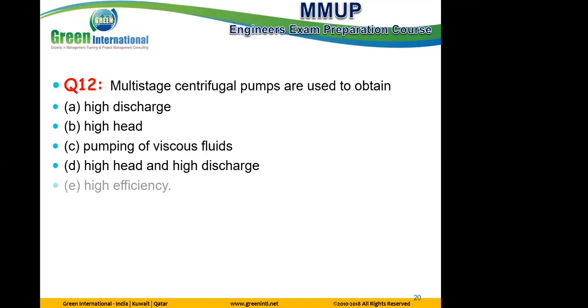Yes, because a centrifugal pump normally gives high discharge, and with multistage there is no effect on discharge. The same Q going in is the same going out. No change in flow rate. But what we obtain as advantage is that head is increased.